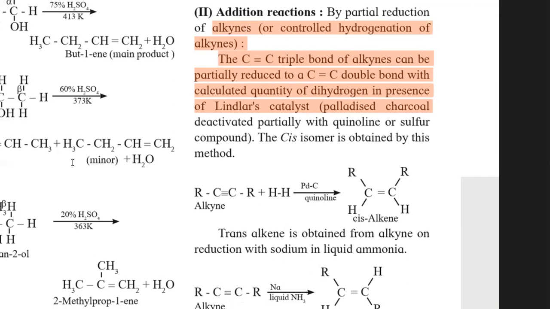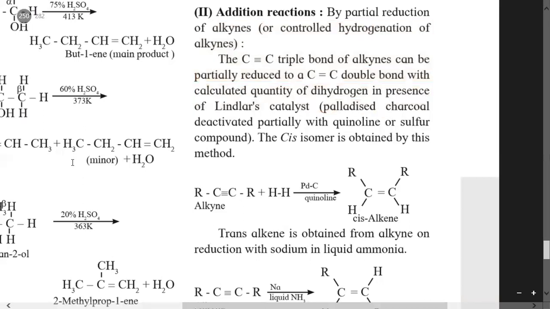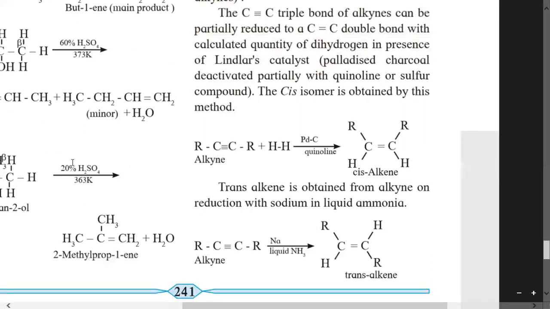It is palladized charcoal deactivated partially with quinoline or sulfur compound. So palladium with carbon and quinoline is Lindlar's catalyst. Remember this well. This is specially used for controlled hydrogenation or partial reduction reaction. Consider this general equation.